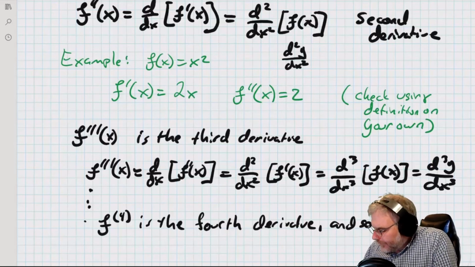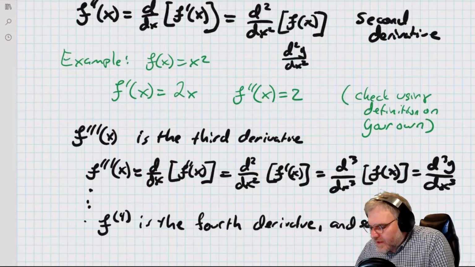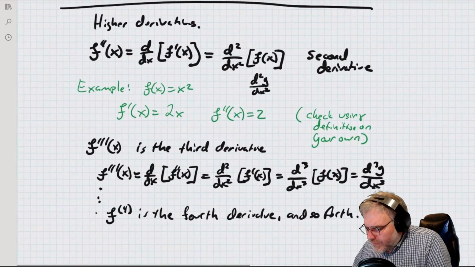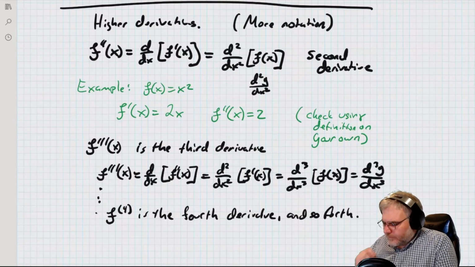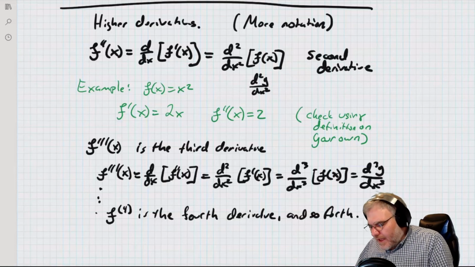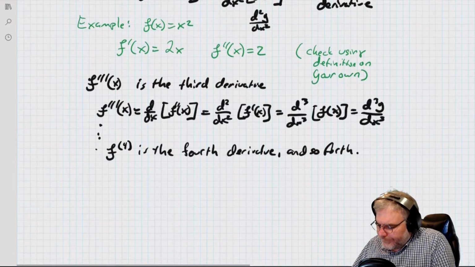Okay, so that's just notation. This is just notation. But you just keep taking the derivative over and over again.